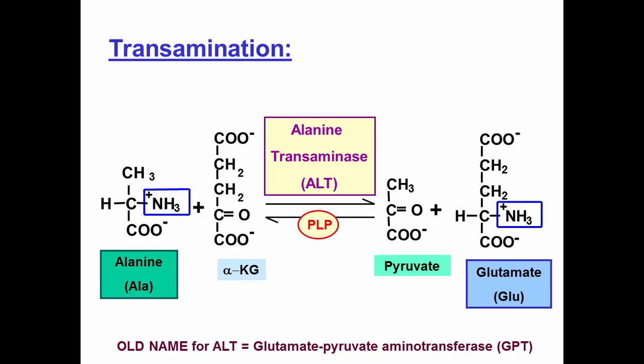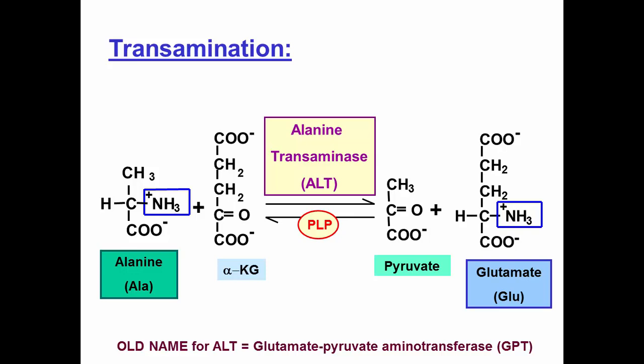Okay, sorry, there's one more point I want to make. Different tissues have different complements of AST and ALT. Both of these transamination enzymes are present in a lot of different tissues, because we do amino acid metabolism in every tissue.